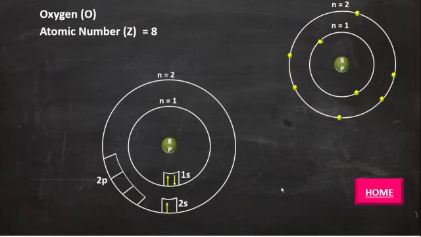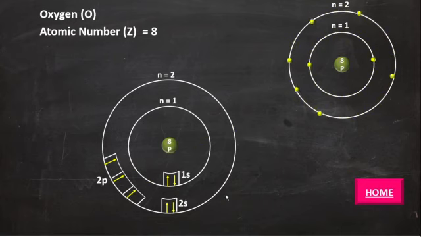Next, fourth electron will pair up with this electron. Fifth electron goes into one of the empty orbitals of 2p, isn't it? Next, sixth electron is here. Next, seventh electron will occupy the other empty orbital.